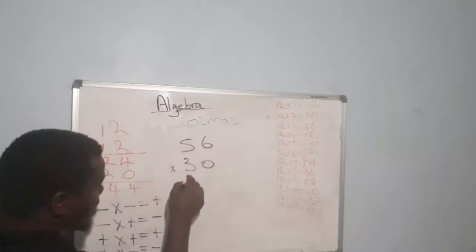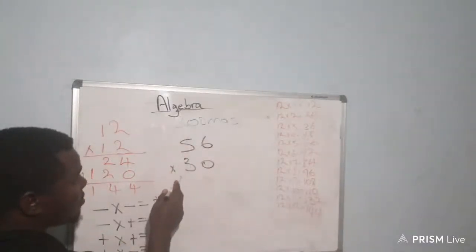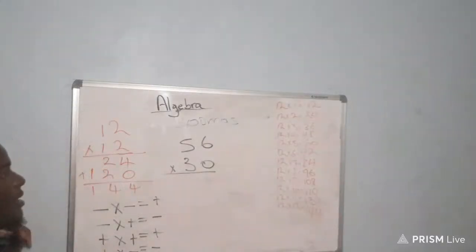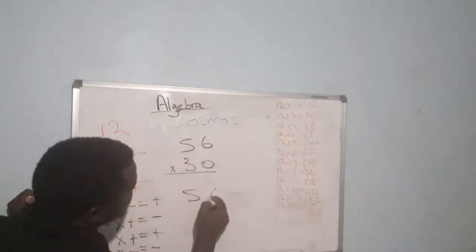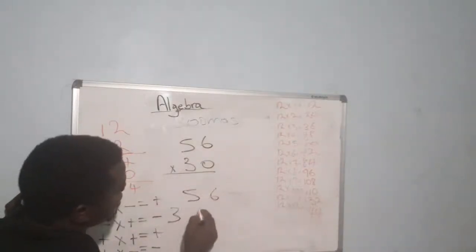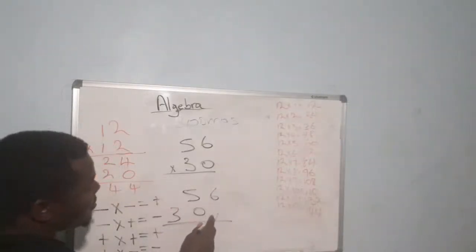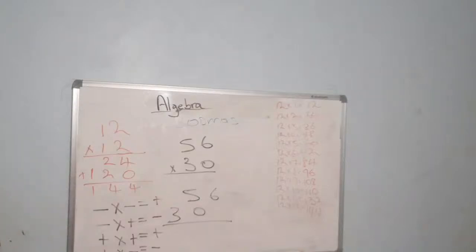You notice how I try my best to use up the columns? Alright. Because I don't want to make any mistake. Because if it was written like this, 56 times 30. Alright, and you don't put it down there, you know that it would be so much convoluted and chaotic when you're working this.